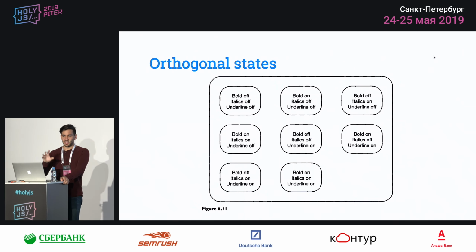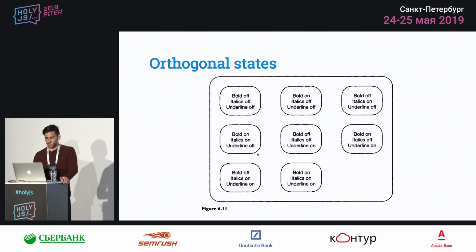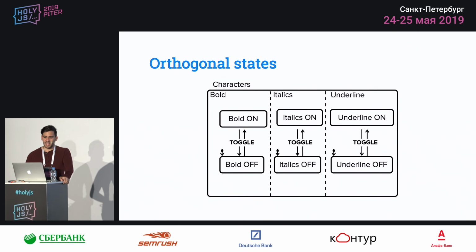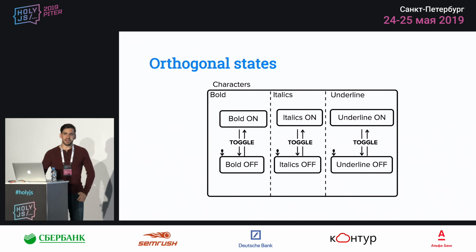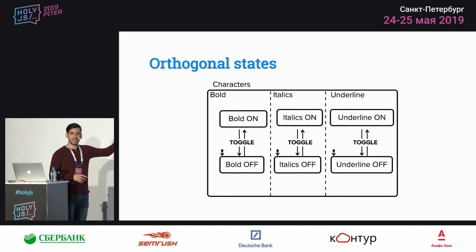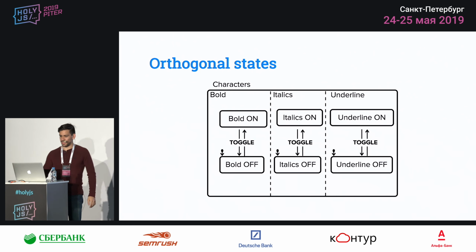You could see this is where state explosion happens, because we need to represent each one of these: bold off, italics off, underline off; bold on, italics off, underline off; and so on. We need to represent each one of those as its own state. So instead of that, we could use orthogonal states, and this is just a visual representation of being in all of these states at the same time.